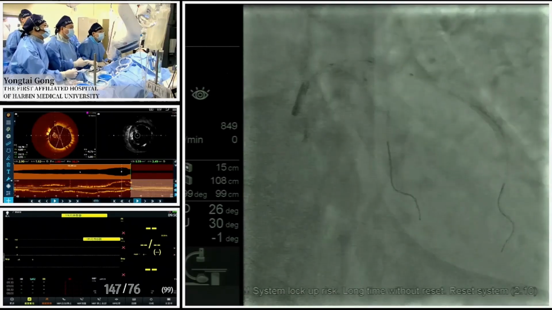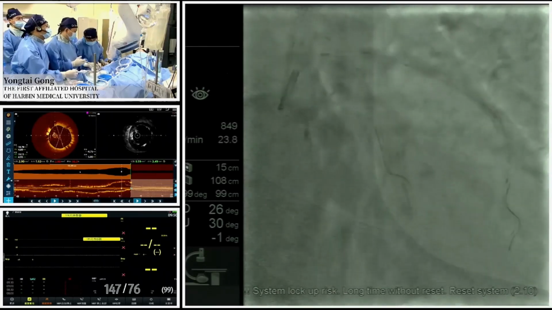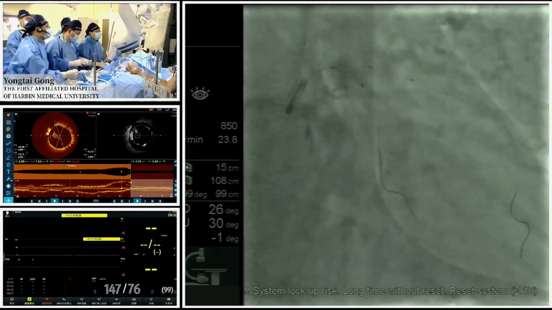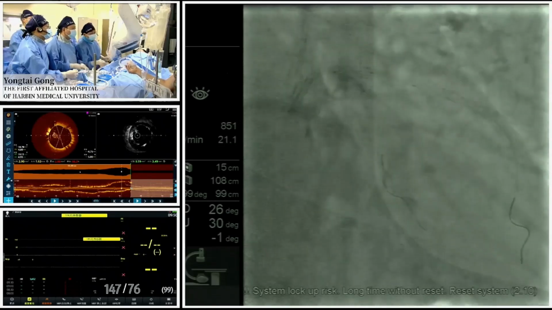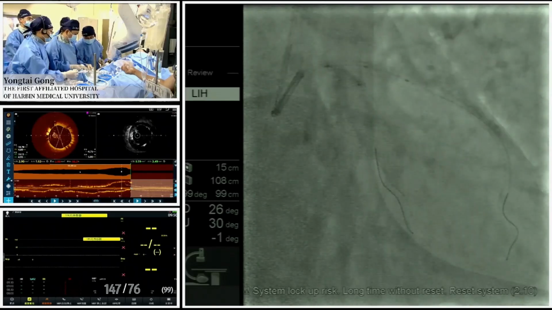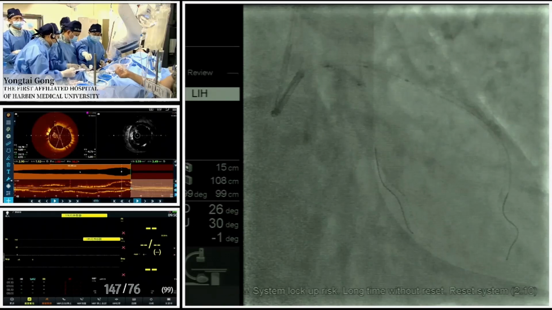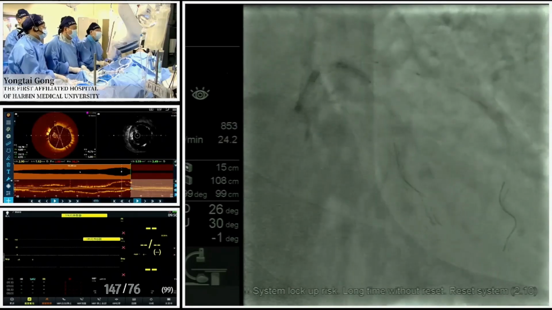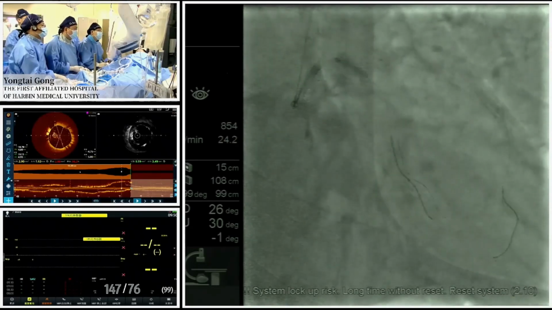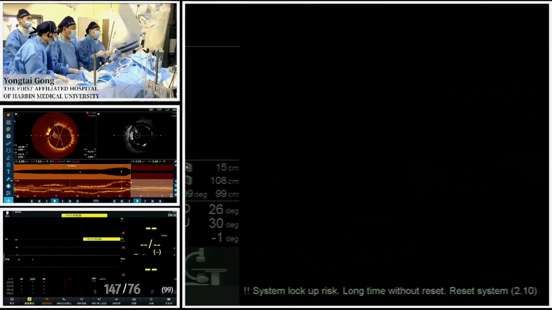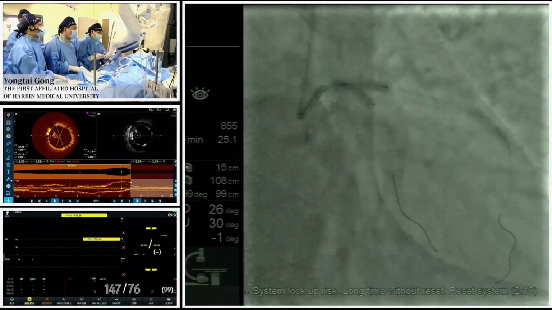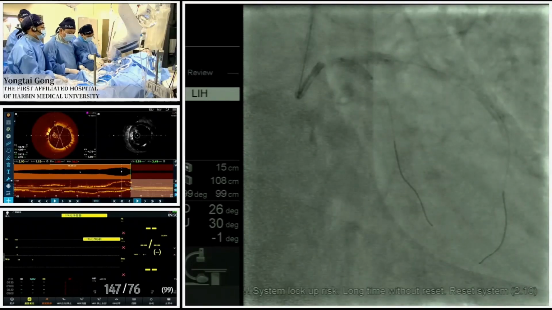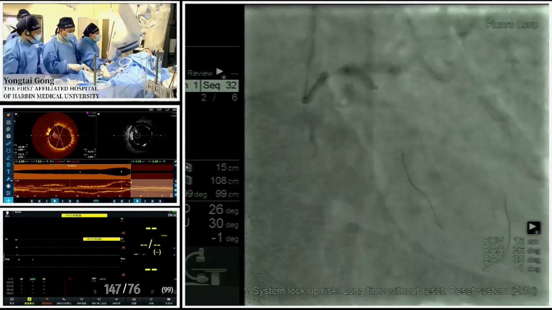The side branch balloon should be inflated first, and then deflated to 4 ATM, and then the main branch NC balloon should be inflated with a short overlap and deflated immediately.